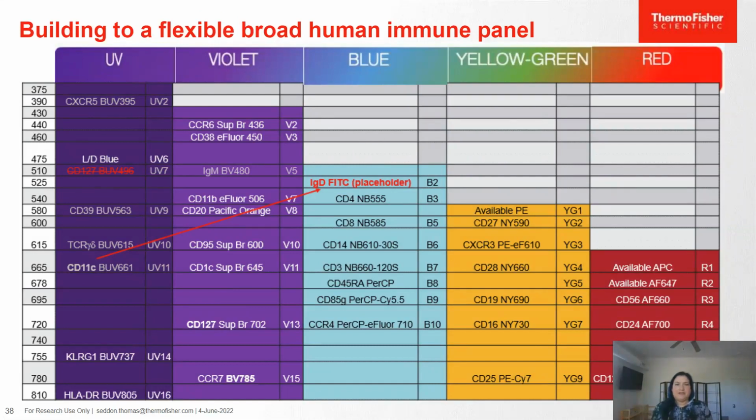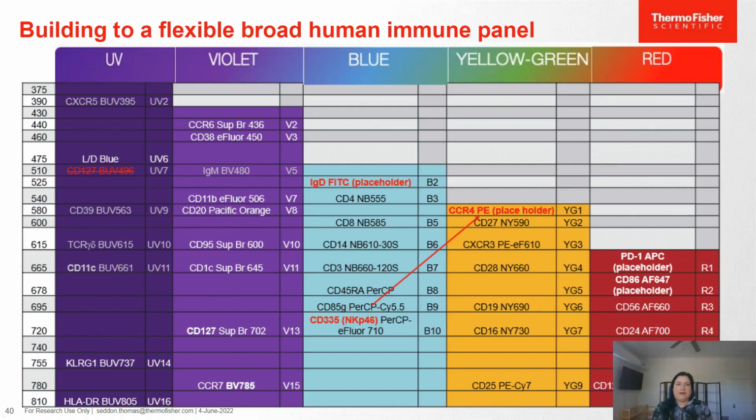These are the kinds of issues that you typically need to deal with. You may have tested your panel on paper, but once you test it, and even do the titration before testing out the panel, this is an issue. Here again, there was a place where I really needed the brightness for CCR4, so I needed to switch to that clone, and then also have something in here in terms of PD1 and CD86 just to have something to test into.